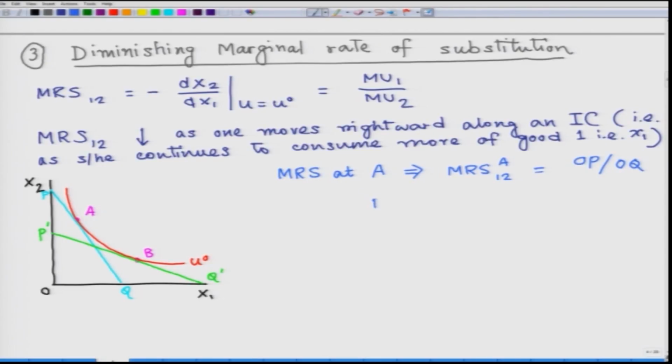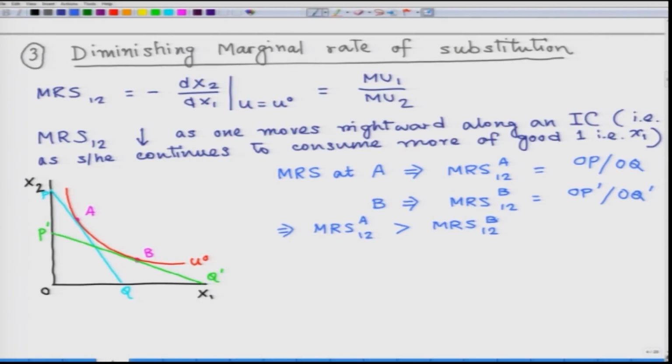Similarly, MRS at point B would be OP prime divided by OQ prime. So, from these expressions it is obvious that MRS at point A is higher than or greater than MRS at point B.